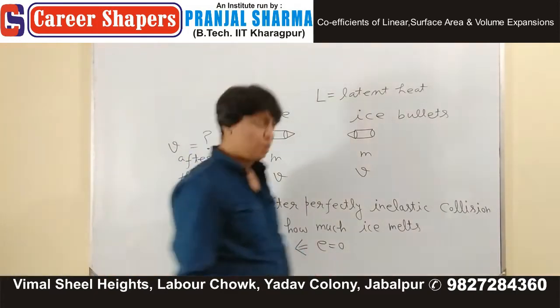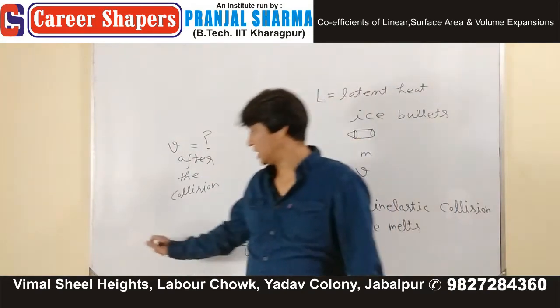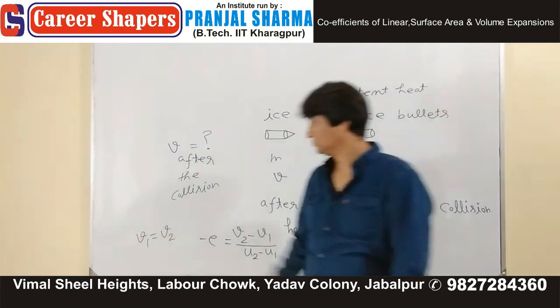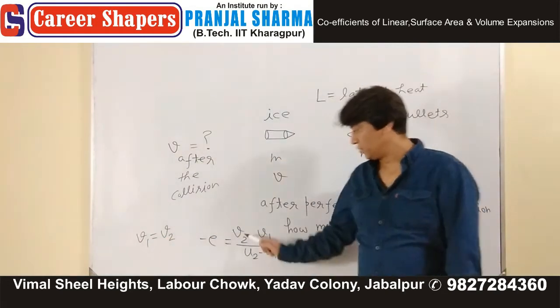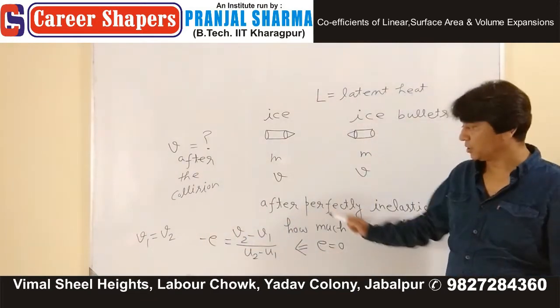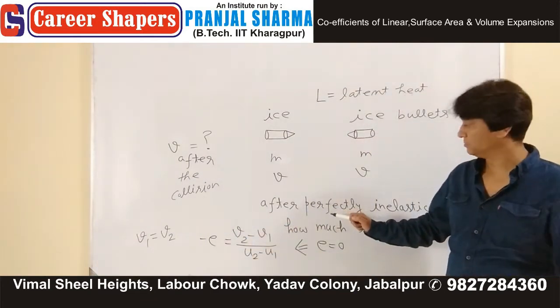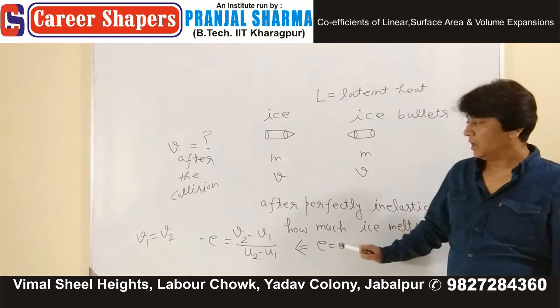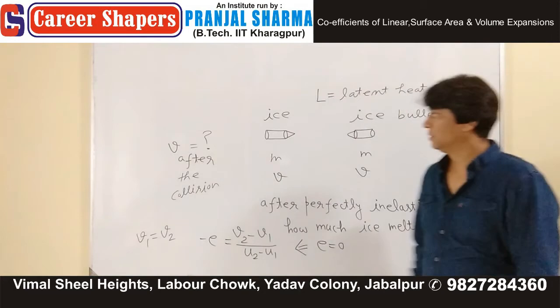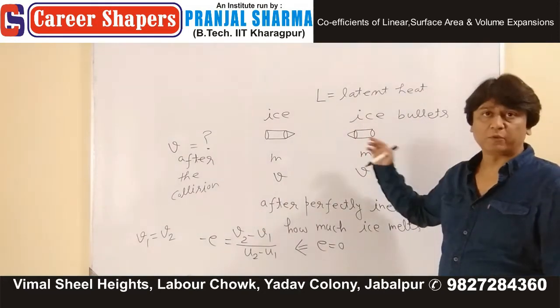If e is 0, because it's a perfectly inelastic collision, then it immediately tells you that V1 is equal to V2. So these bullets are moving with the same speed.